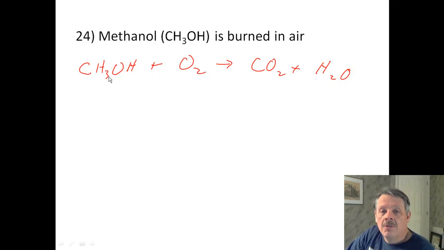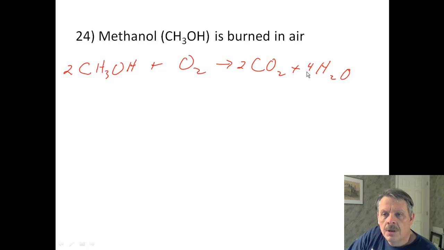We have 1 carbon, we have 4 hydrogens, so we're going to have to put 2 there. All right, this is going to get messy, so that doesn't work well. So let's double this thing. So we now have 2 carbons, we now have 8 hydrogens. That means we have 4 of those. That means we have 2 O2s.